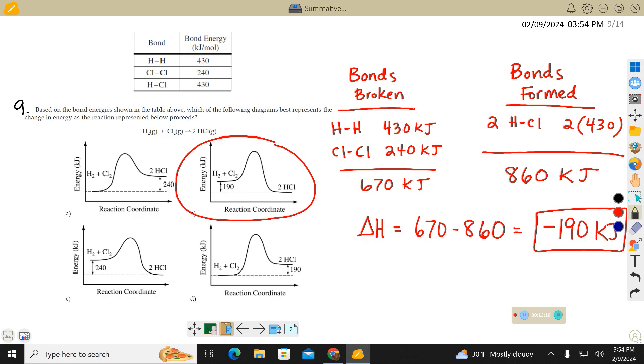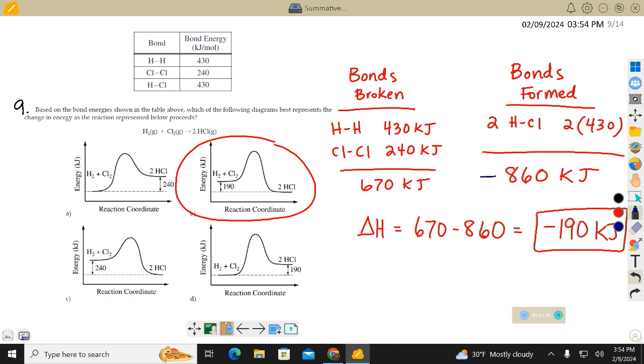Well, now on the product side, technically I'm not breaking these bonds, I'm forming the bonds. There's going to be 2 moles of HCl, so I take 2 times that 430, and initially I get this 860. Well, the only problem is that I'm not going to add that amount of energy. I'm not breaking the bonds, I'm forming the bonds.